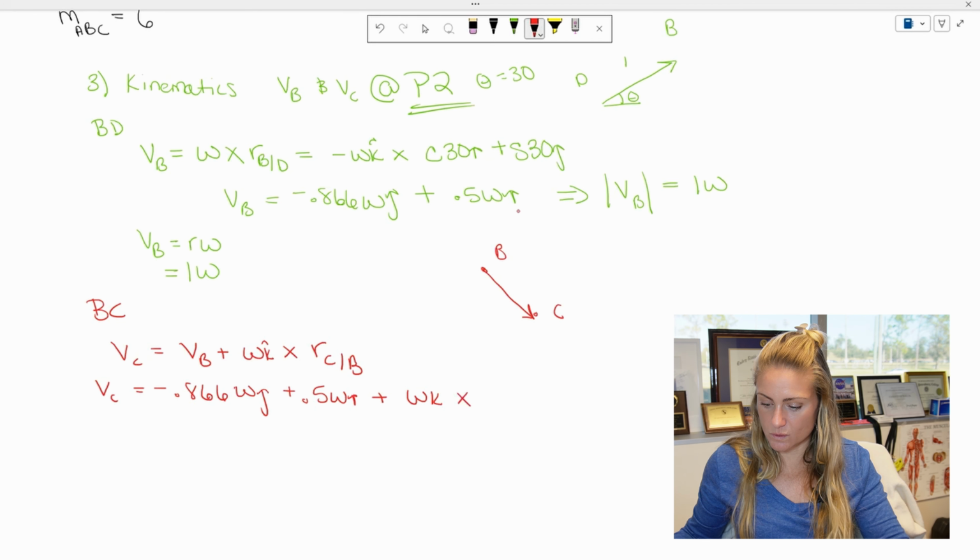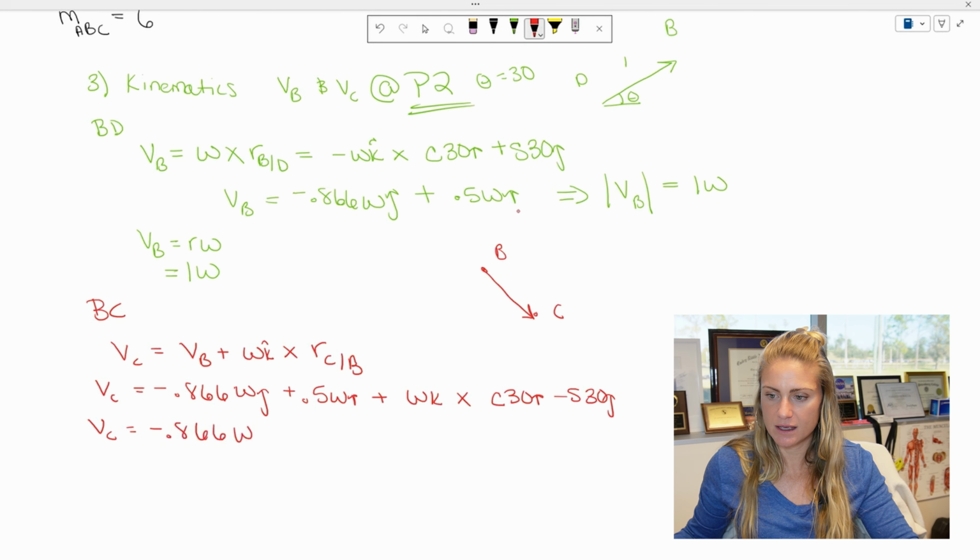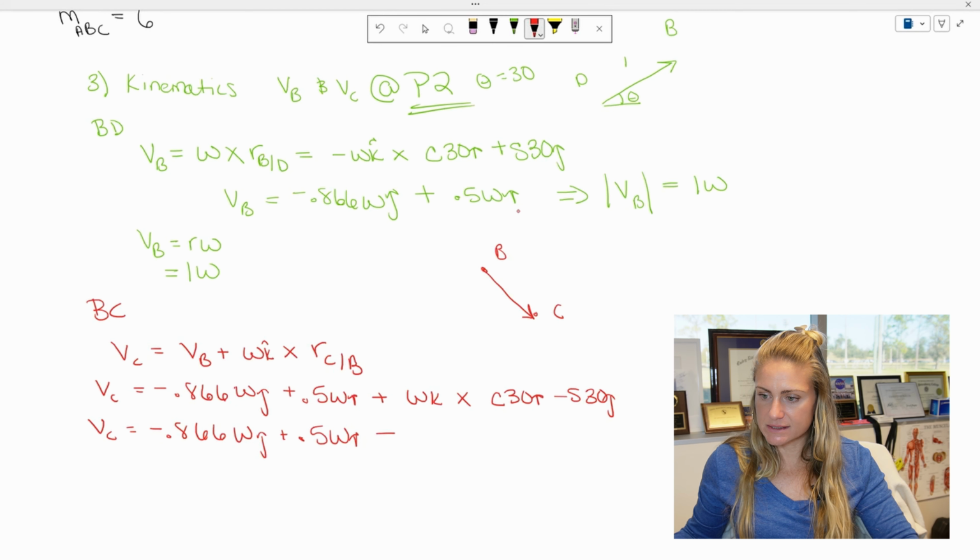This is going to equal, we're going to have a 1 cosine 30 I and a minus sine 30 J. Okay, so VC is going to equal negative 0.866 omega J plus 0.5 omega I plus, now I have cosine 30, which is going to be 0.866 omega.